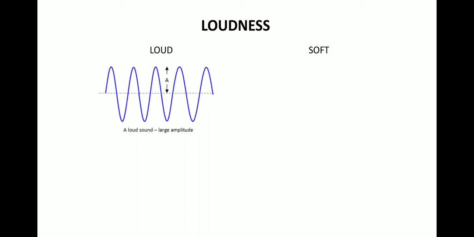Loudness is the characteristic of sound which helps us differentiate between a loud and a soft sound. A loud sound may be represented by this kind of wave, and a soft sound is represented with this kind of wave.